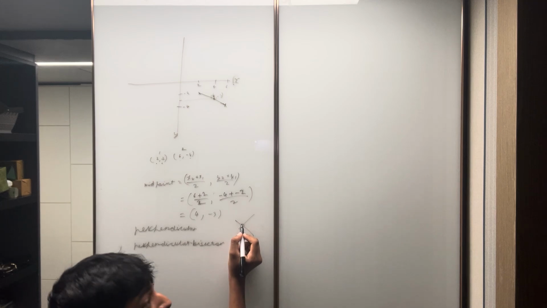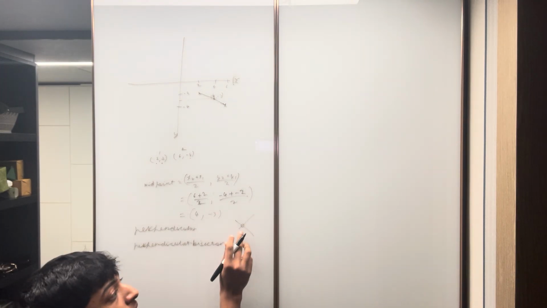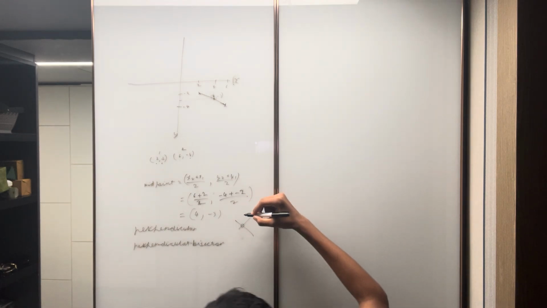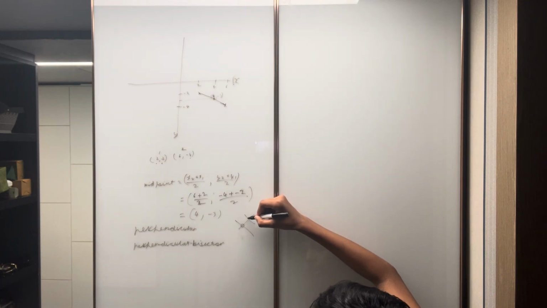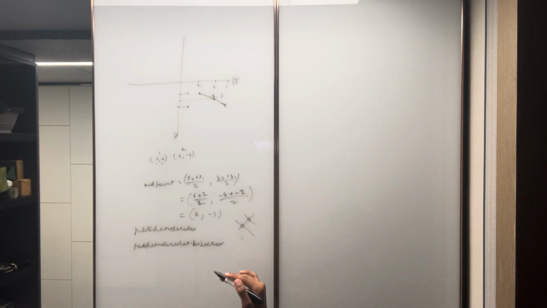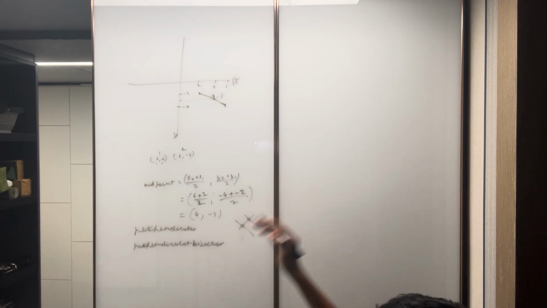So you get 90 degrees everywhere along the line. It could even be here, here. There can be millions, trillions, and infinite on a line.